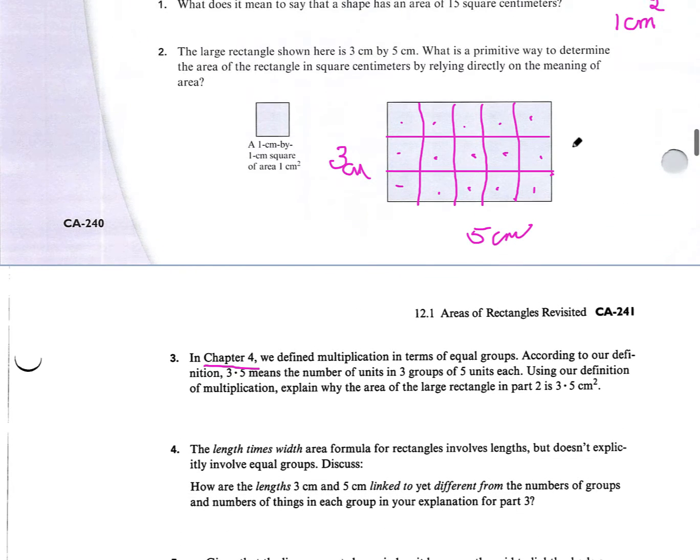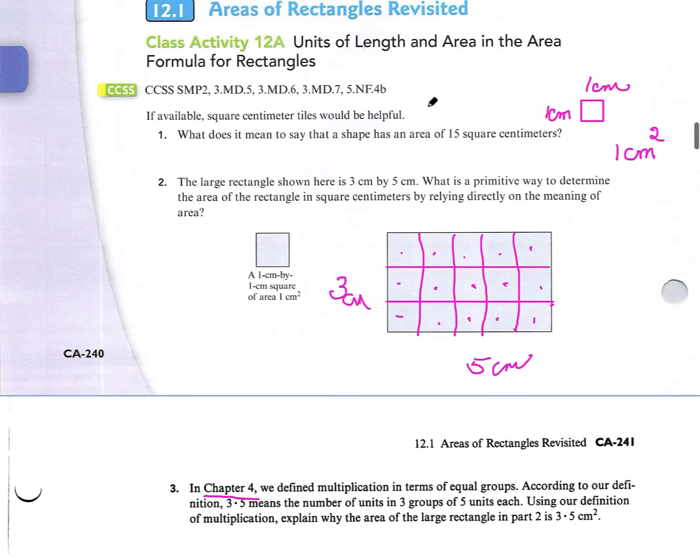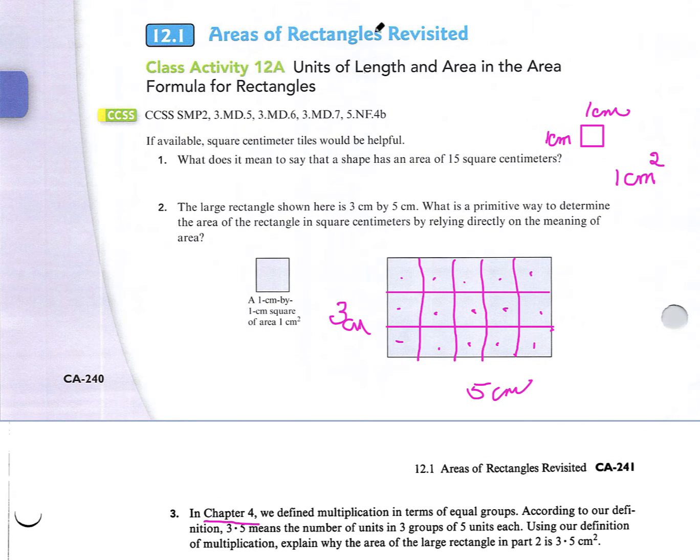So if we look at this large rectangle, the way we've drawn this, if you remember the commutative property too, here we have 3 groups of 5, or 5 groups of 3.